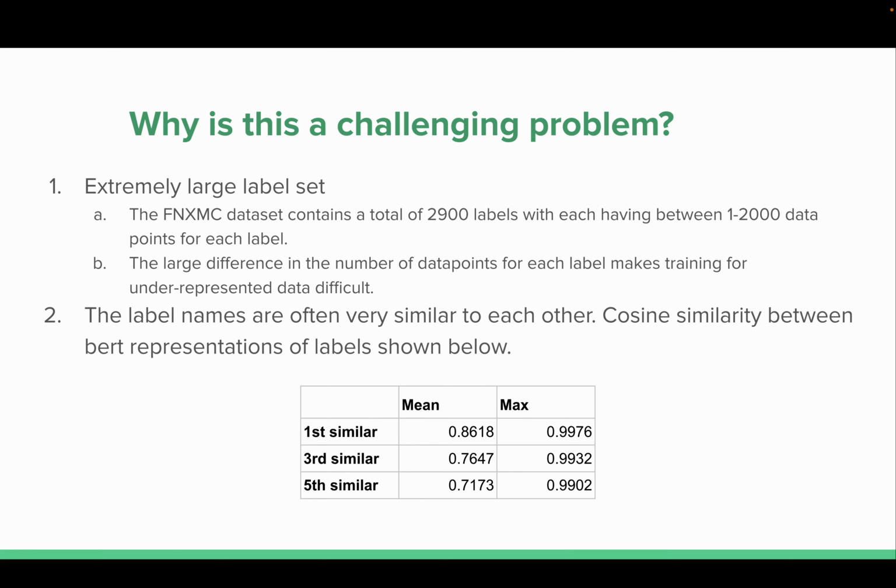Another challenge is that the label names are often very similar to each other. We analyzed the cosine similarity between the BART representations of those XBRL labels, and the analysis is shown below. The top one similar tag with the gold truth has a mean similarity of 0.86, and even the fifth similar XBRL tag with the ground truth label has a similarity of more than 70%.